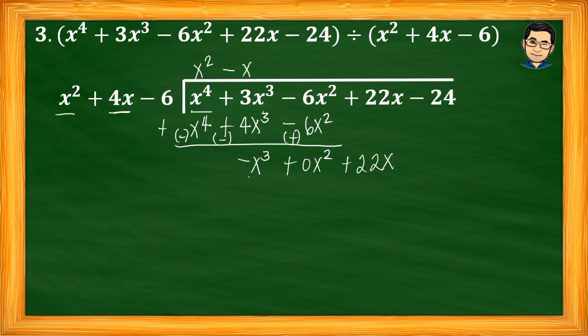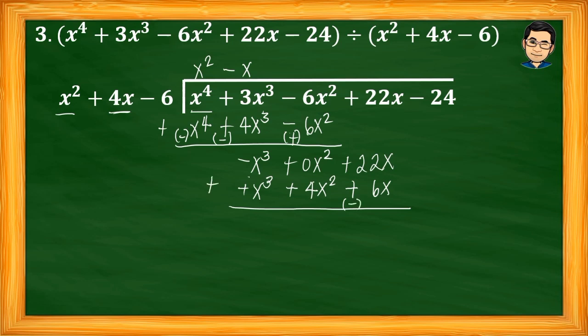And then, i-multiply ulit natin sa x squared plus 4x minus 6. That is negative x cubed minus 4x squared. Tapos, positive 6x. And then, we subtract. So, magiging plus, and itong 6x magiging negative, and then plus.